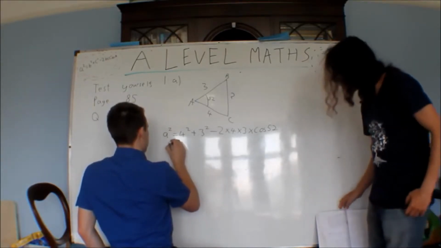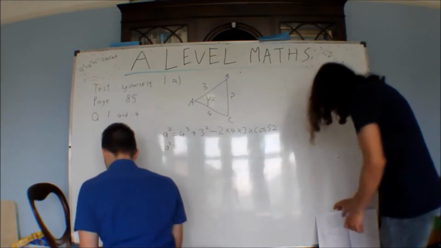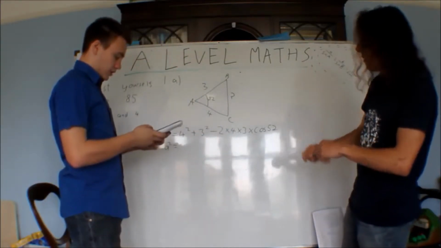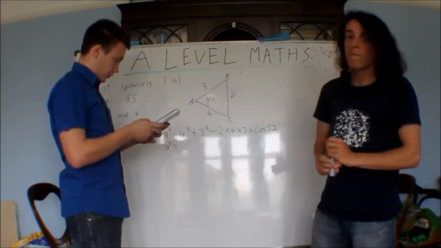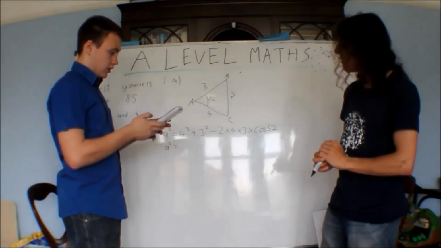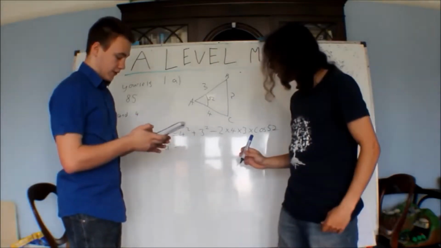So a squared equals, on your calculator, I am in degree mode. 2 times 4 times 3 times cos 52 equals that. I know that 4 squared plus 3 squared equals 25.